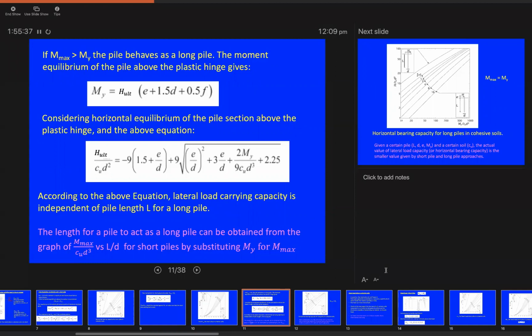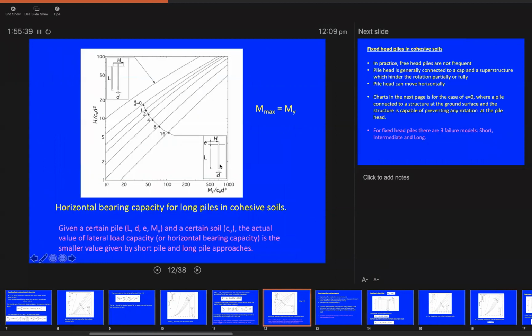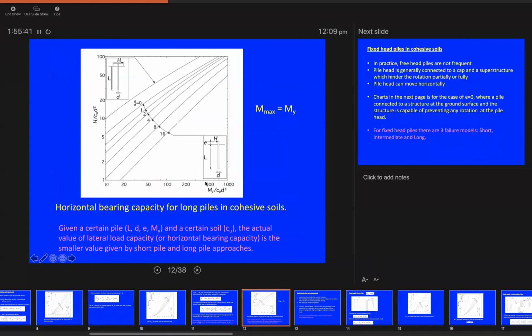Or you can use this chart to solve for H ultimate. As you can see, My over CuD cubed is given. Okay, this value is given, and E over D is given as well. E as 0.5, D as 0.305, My as 430, Cu as 50, D as 0.305. So you can find what's the value of this term on the x-axis, what's the value of this term on the E over D curves.